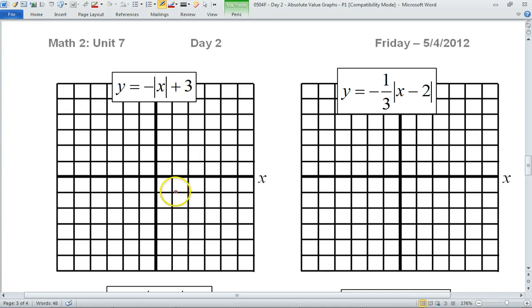Yep. Okay. So for this one, the vertex should have been 0, comma 3. So 0, comma 3 would be here. And then that negative sign means it's going to be down 1, right 1, like this.